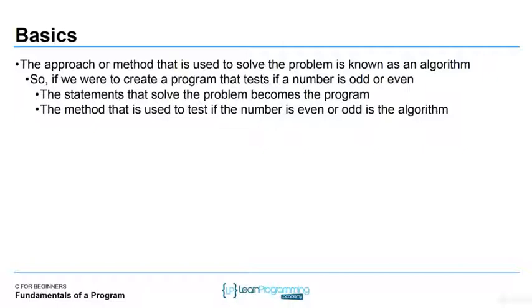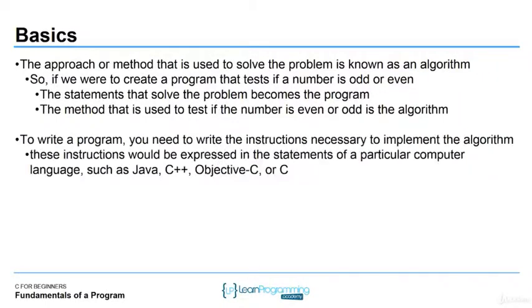But again, I want you to understand what you're doing when you're writing code, what's going on at the very lowest layer. You're going to write algorithms that are contained inside of a program. To write a program, you need to properly write the instructions to implement the algorithm. These instructions can be expressed as statements of a particular programming language.